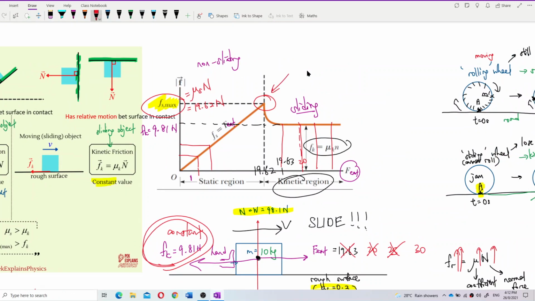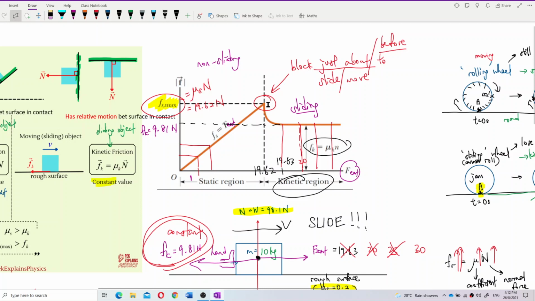This is the point where the block is just about to slide, to move. You see? Just about, or you can say just before. This is the keyword.